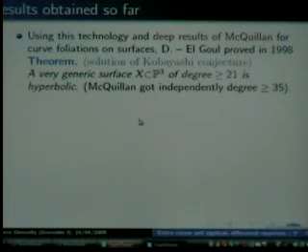Then it was proved in 1988 by myself and one of my students, Jawher El Goul, that if you have degree at least 21, then a generic surface in P^3 of degree at least 21 is hyperbolic. And McQuillan independently, but we use also his techniques, proved it for degree 35.